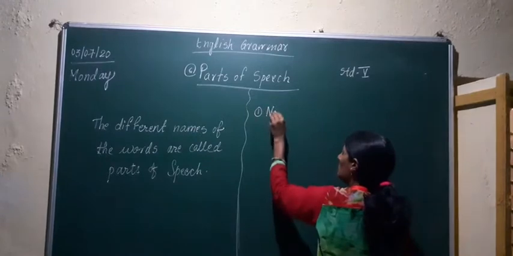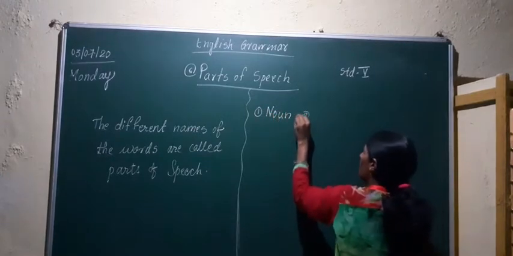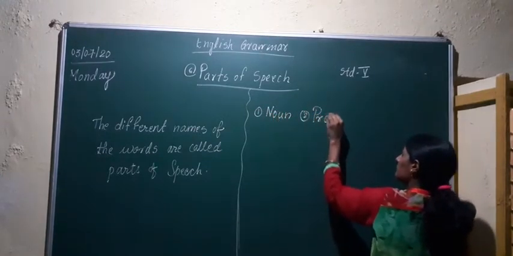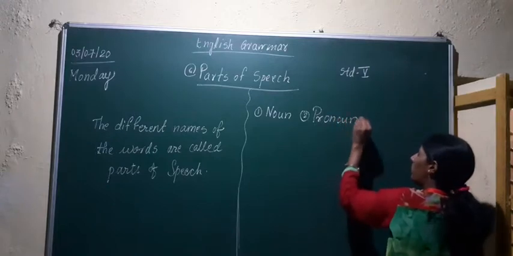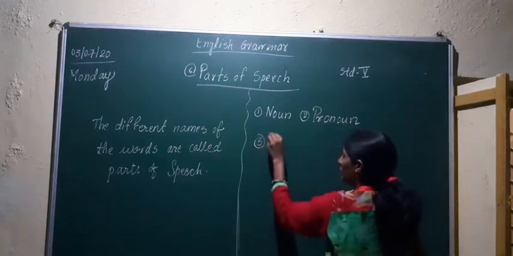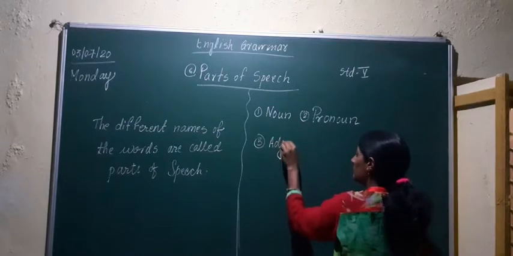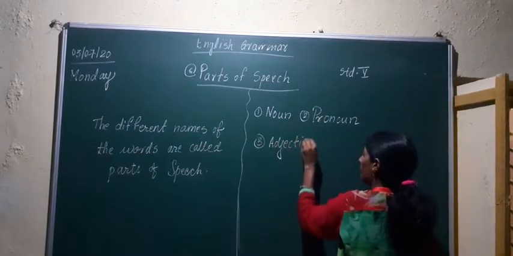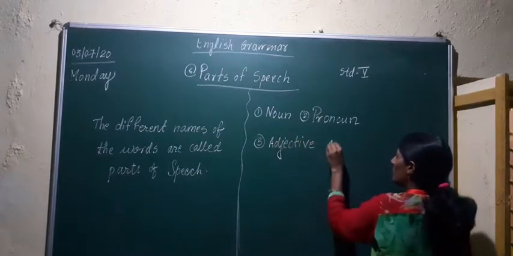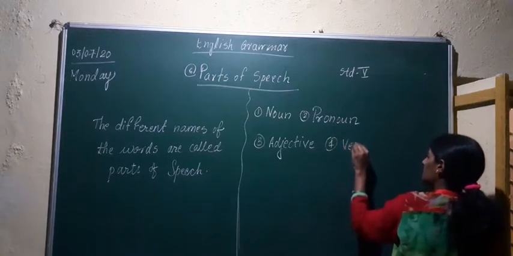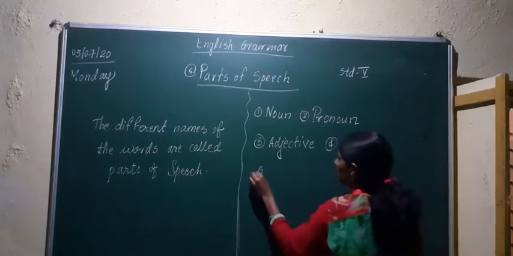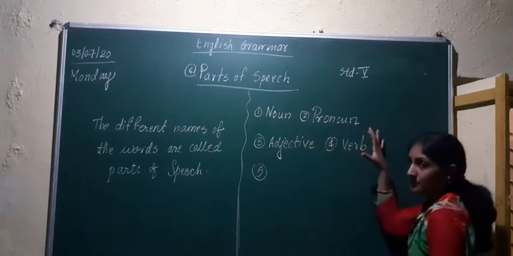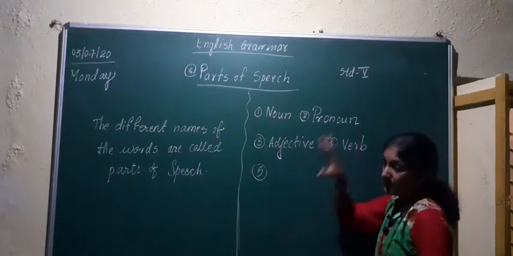noun, pronoun, third adjective, fourth one is verb. First 4 are over, this is one group. Now second group is what?